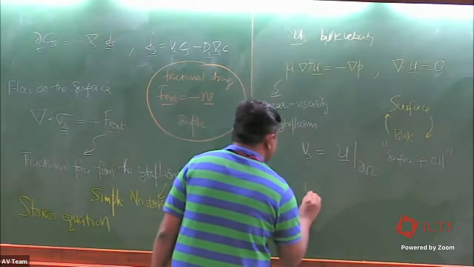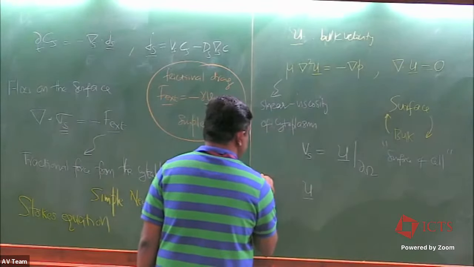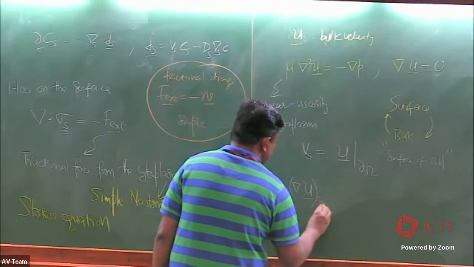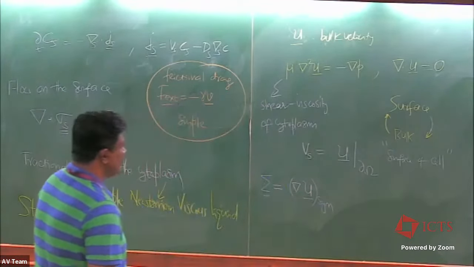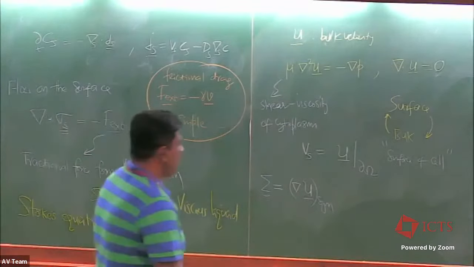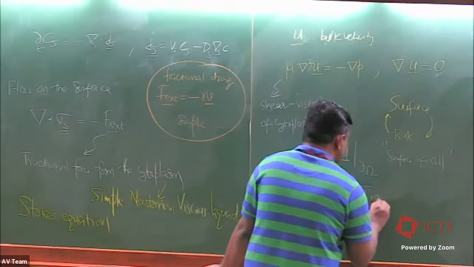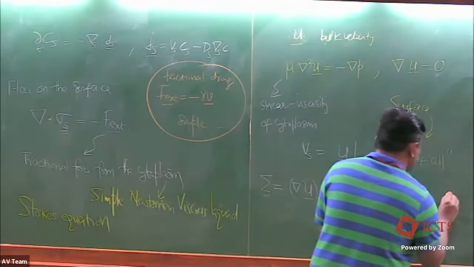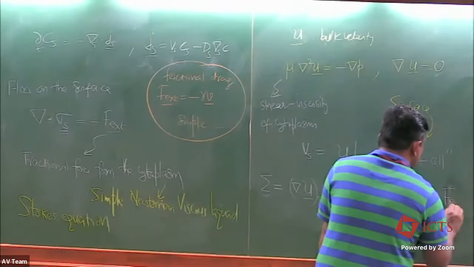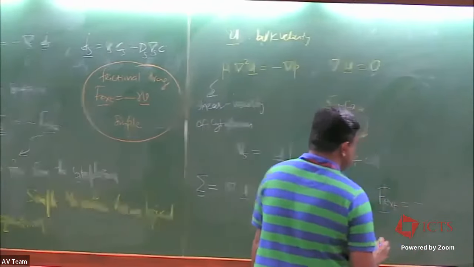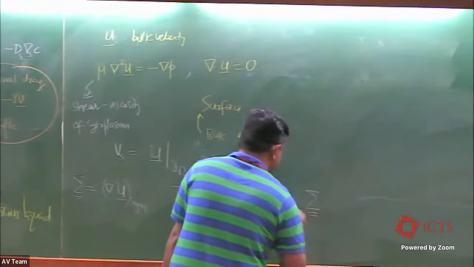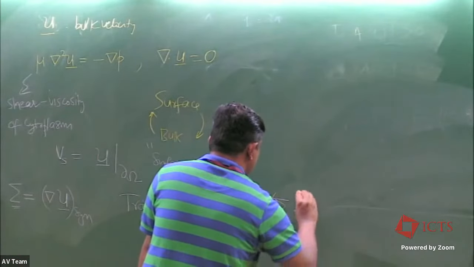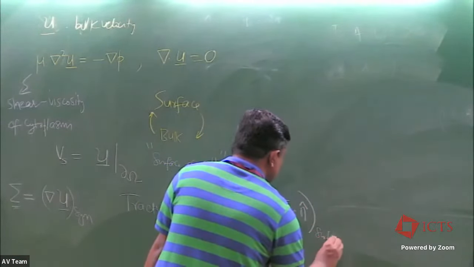The stresses that come up in the bulk, which is basically some symmetrized version of the gradient of the bulk velocity, provide a traction force for the surface. So you say the external force is basically the surface value of the total bulk stress tensor dotted with the normal evaluated on the surface.